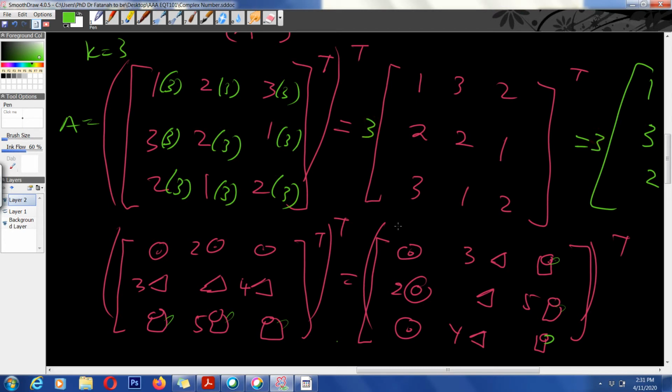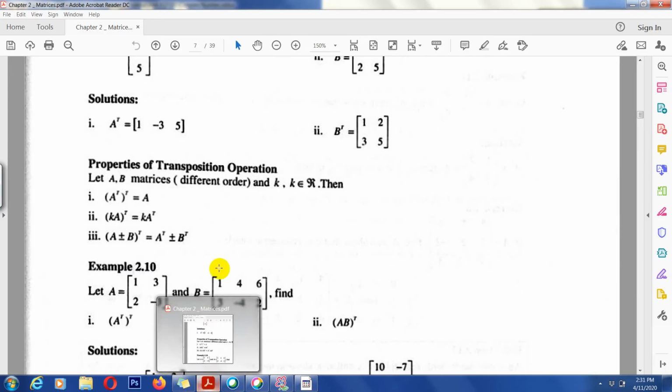So here (kA) transpose is equal to k A transpose. It's similar if we put a scalar 5, for example, everything is times 5. So we can put this 5 outside. 5 is not being affected because every entry has 5.